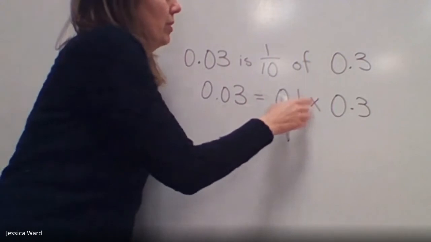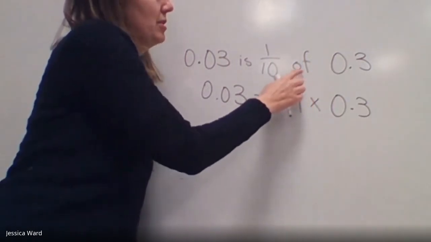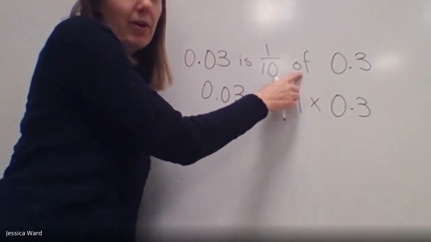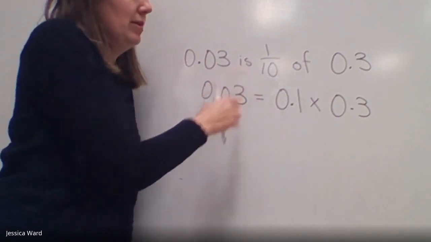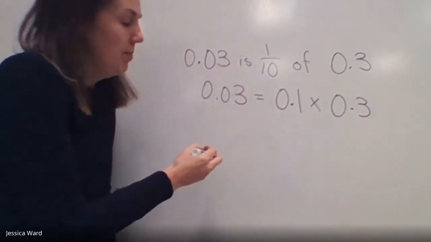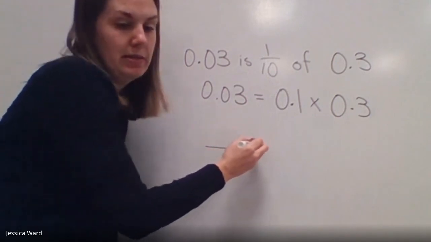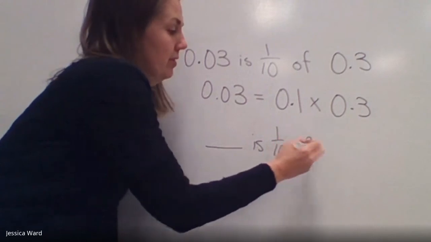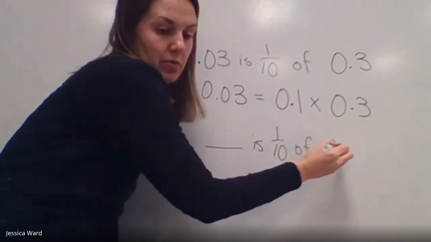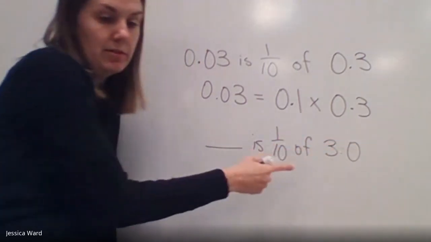So we're letting our multiplication symbol stand in the place of "of," and our equal sign stand in the place of "is." So let's try it again. Now it says blank is 1/10 of 3 ones.